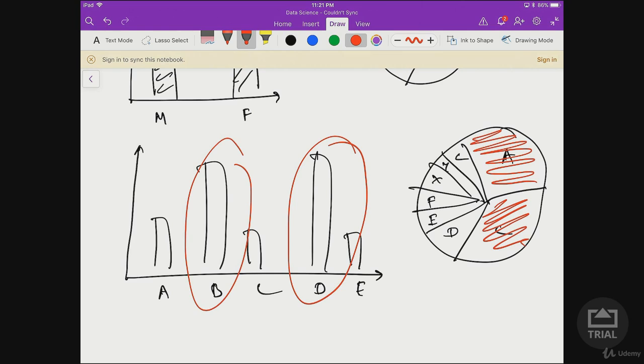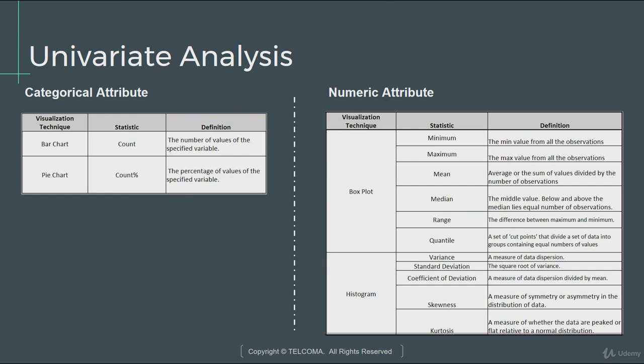So this is how you can use bar charts and pie charts coupled with two simple measures, the count numbers, which is the frequency, and the count percentage, which is the percentages of the levels, to understand the depth of the categorical variable.